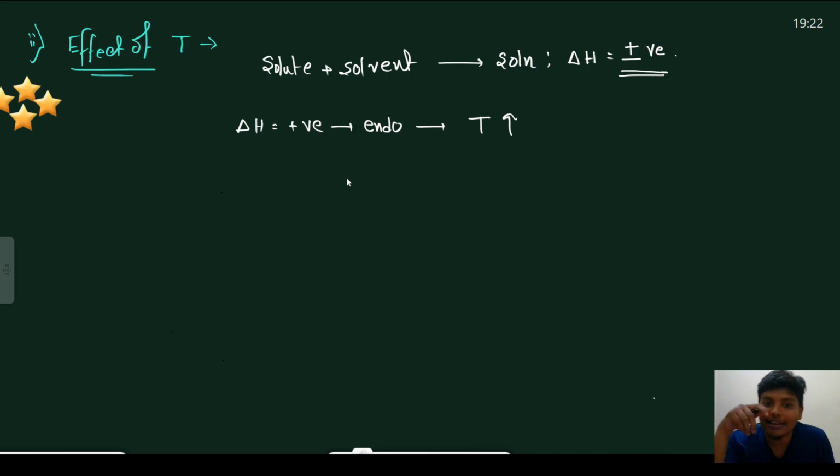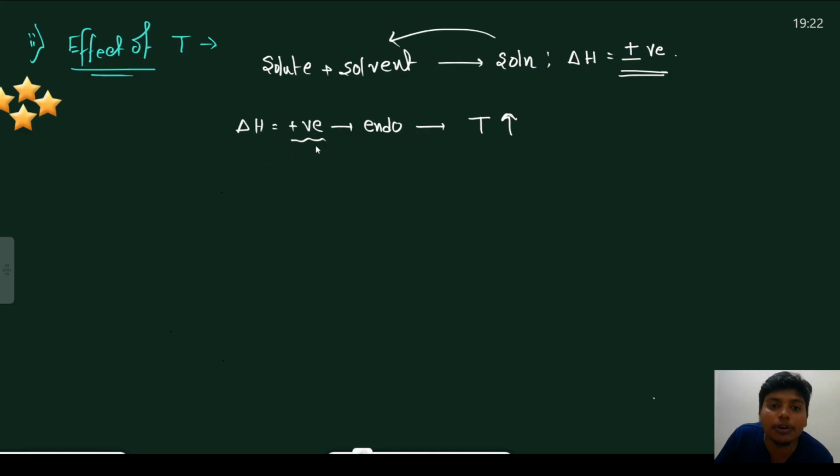In a reaction, if delta H is positive and you increase temperature, it is already taking heat and outside you are also giving heat. So what will happen? It will go backside.